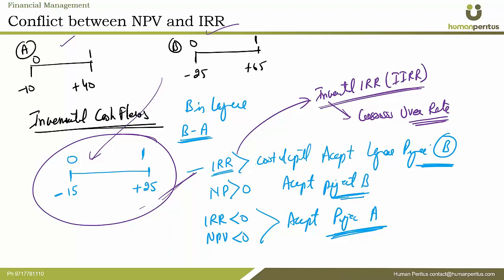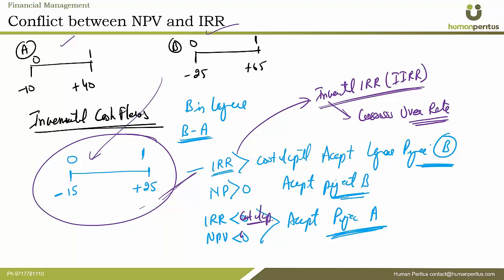If IRR is greater than cost of capital, I accept what? The bigger project. Because I did B minus A, therefore I accept B. If this is less than cost of capital, I'll accept Project A. This is how I make my decision whether to accept A or B in case there is conflict in the project.